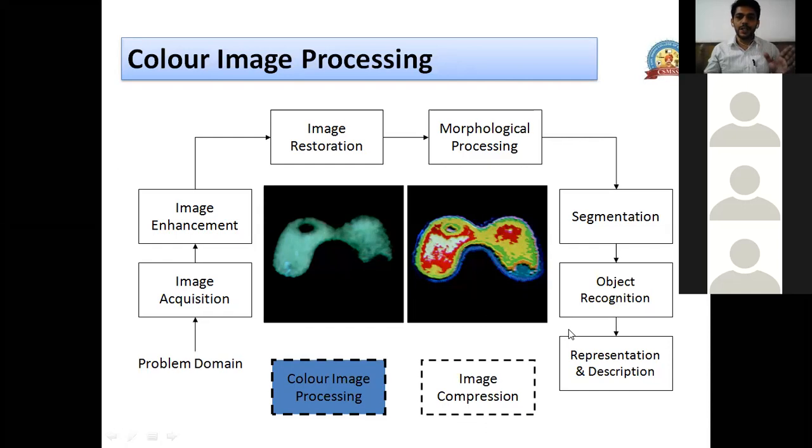So addition of two such images means the addition operation is executed 2 into 10 power 6 times. In a color image, this is again 3 times of that, so it is 6 mega operations we are performing. That's why a color image requires more processing than a normal grayscale image.